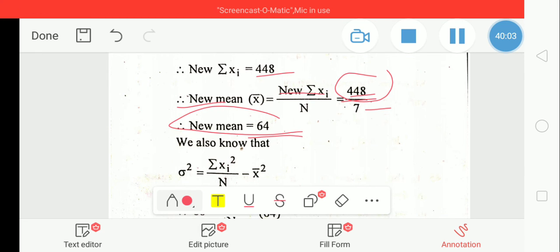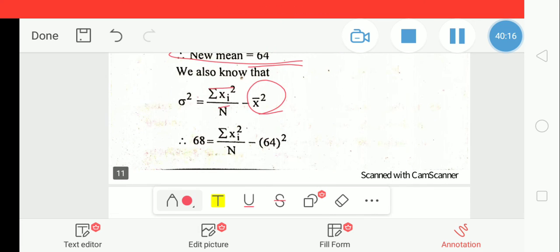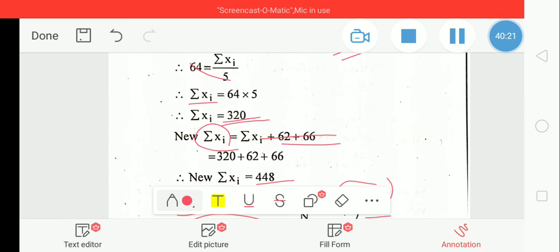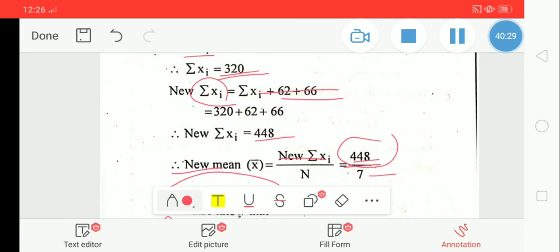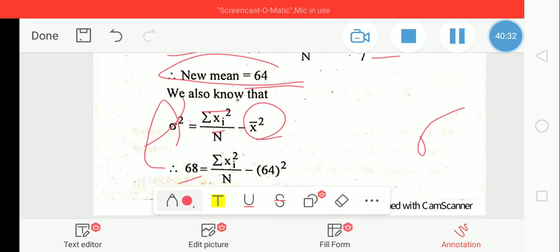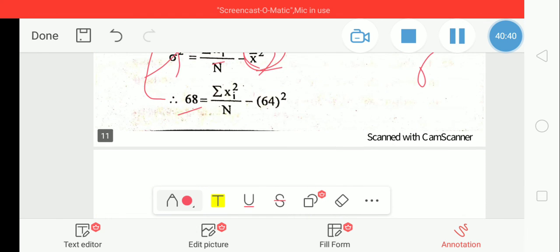And we know that sigma square, means standard deviation square, is equal to summation of xi square divided by n minus mean square. Here sigma square is given as 68, that is the variance, and the mean is 64.